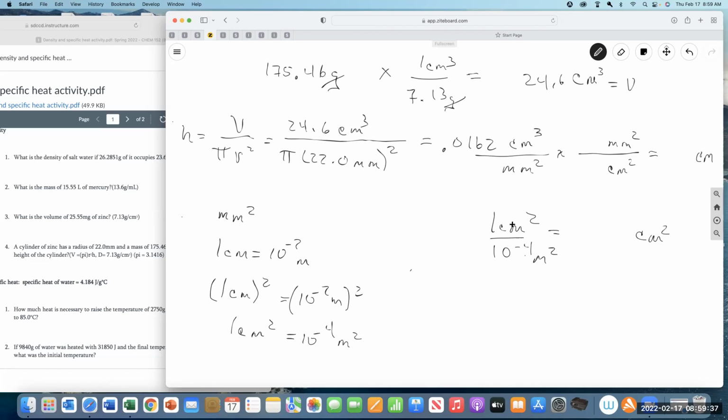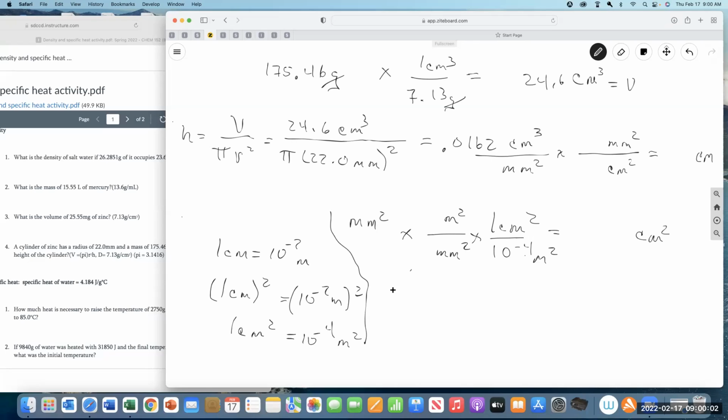All right, so I've got this unit because I'm trying to get this. So now I'm going to move this over. It's a little bit messy, I apologize for that. So what I need now is meters squared here and millimeters squared here.